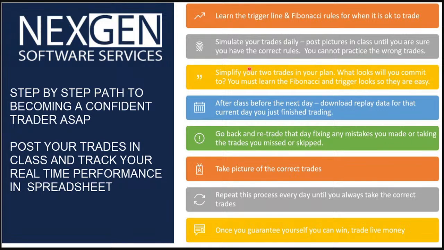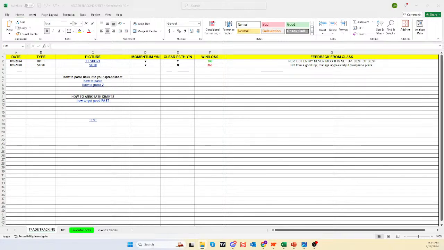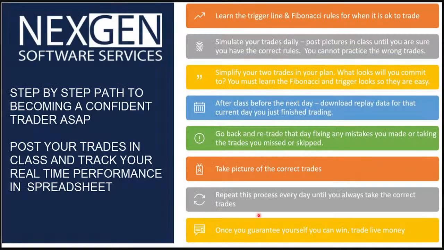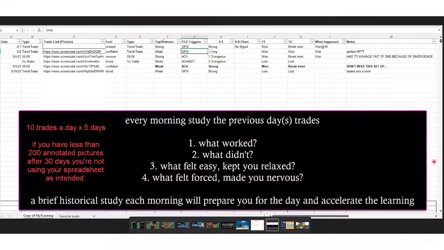As you practice, the second part of getting to where you want to be ASAP is using the spreadsheet that Nexgen gives you when you download the software. It's the same one that I just dropped in the room right now. This spreadsheet initially is just a trade journal. And the first page is where you're going to start putting in all the trades that you take.